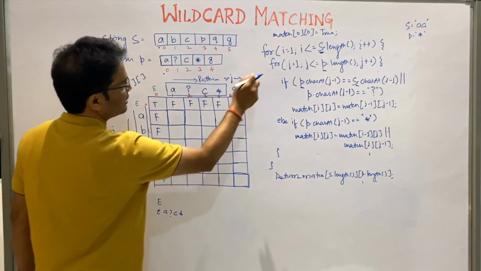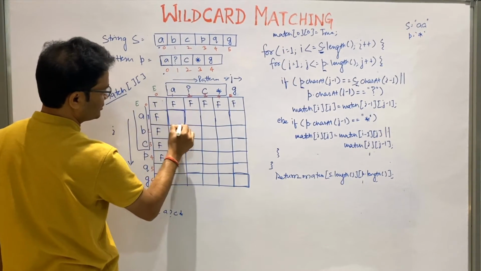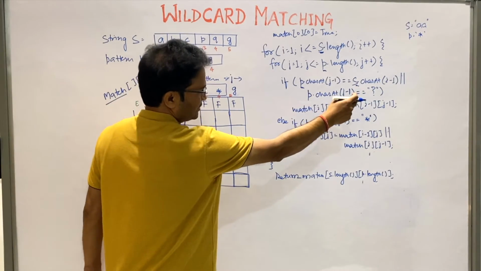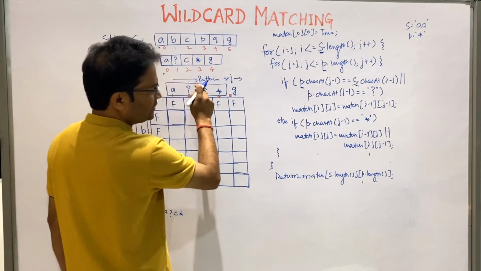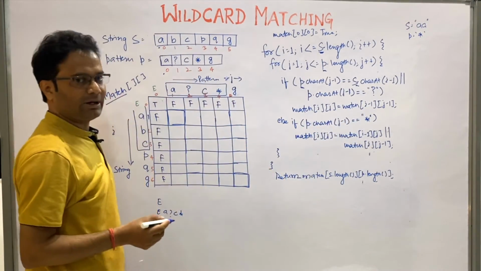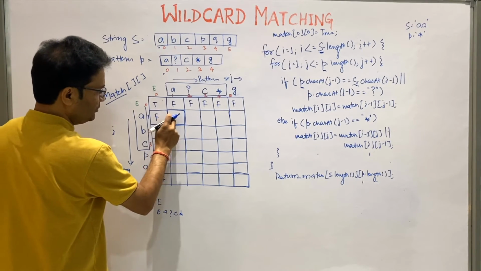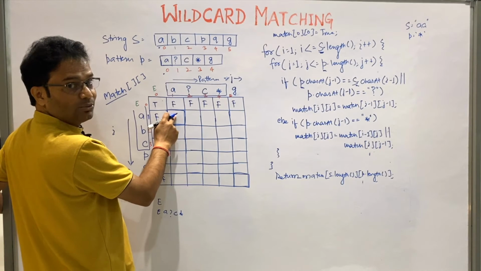Because I 1 J 1. If this is matching or the pattern is a question mark, then you take the value of I minus 1 and J minus 1. So if AA is matching, then I minus 1, J minus 1.